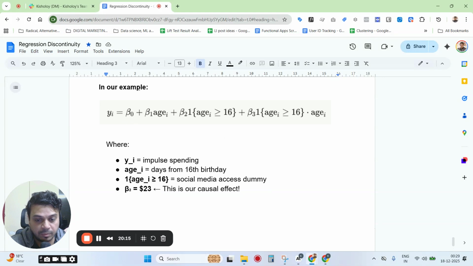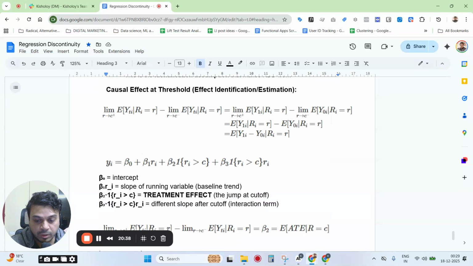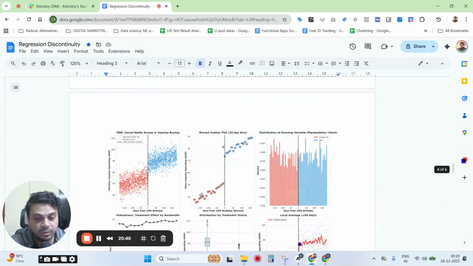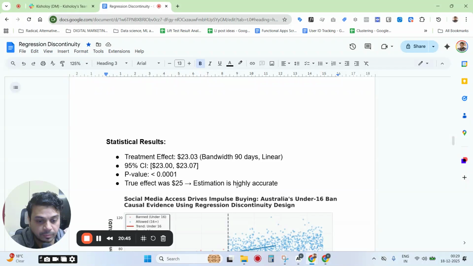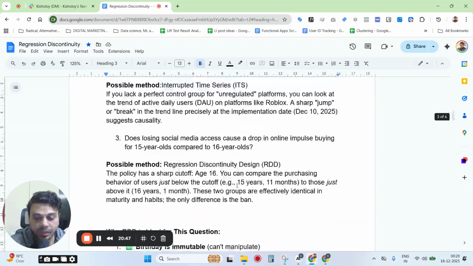It's going to be in the form where you have an intercept, and then you have the coefficient, with the running variable being age, and then you have beta 2, and then that indicator where it's either going to be 1 if it's above the threshold of 16, or 0 if it's not, and then that interaction term. And beta 2, like we said, is basically your causal effect, which comes out to be somewhere around 23, which is very close to the true effect of 25, remember. So pretty close estimate.